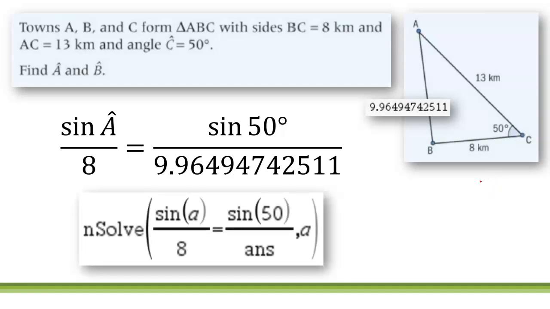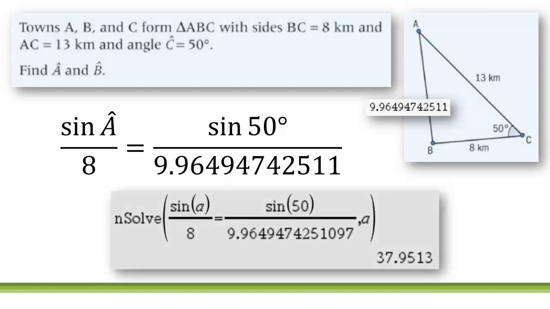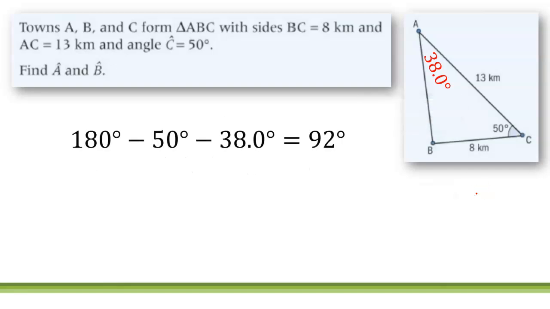And so I'm going to go to my GDC and notice I put answer in here, and that means this answer that's not rounded off by the calculator will be used. If I do that and I solve for it now, it tells me that the angle at A is, according to the rules of 3 significant figure rounding, 38.0 degrees. I can add that to my triangle, and they wanted to find the answer for B. Well, now that I know 2 angles, I'm going to go ahead and use subtraction and see that it's 92.0 degrees.